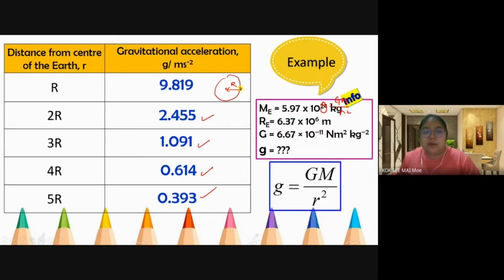So the conclusion I can make is that when the object goes further and further from the Earth, the gravitational acceleration will drop. R keeps increasing, so g keeps dropping. This shows the results for different radius.